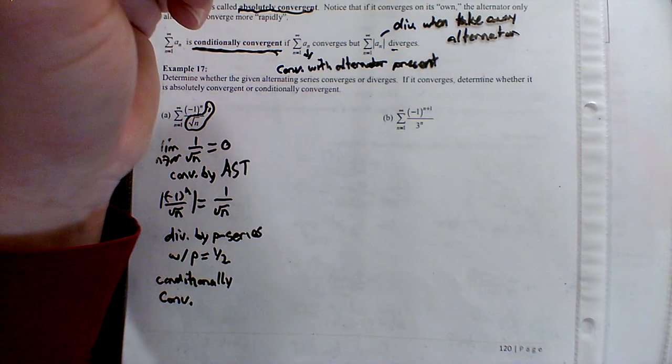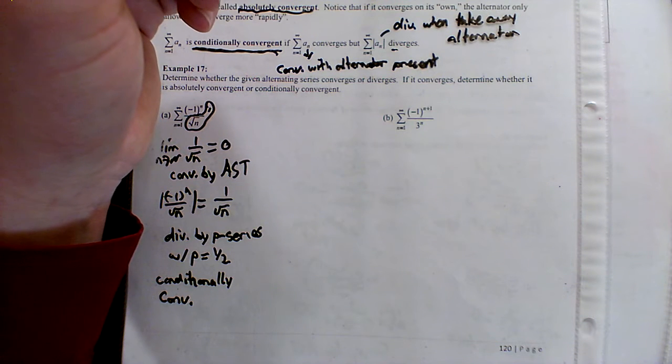All right, let's try the other one. So on the second one, we recognize the original problem as what? What's present that makes the beginning of this easy? Yeah, it's an alternating series.